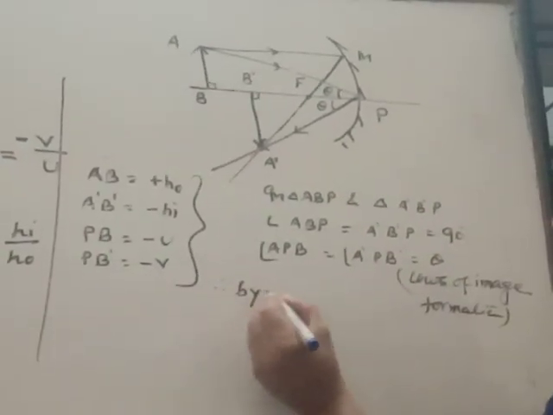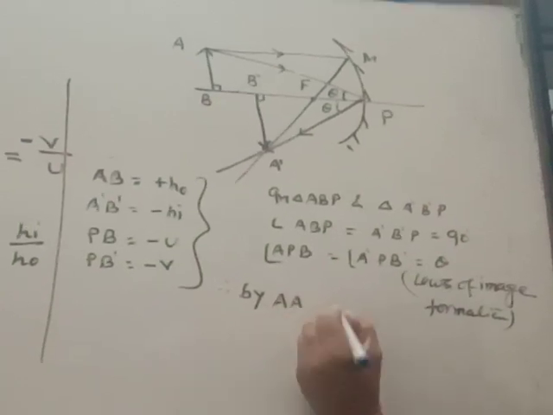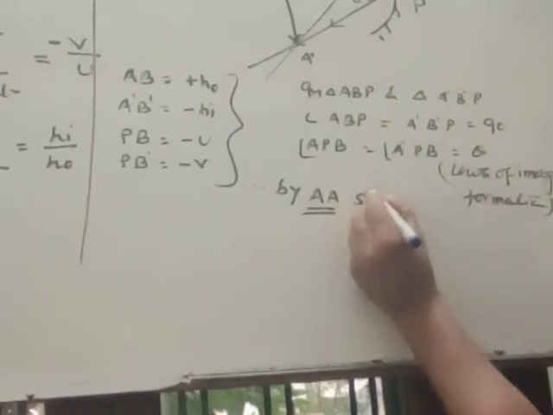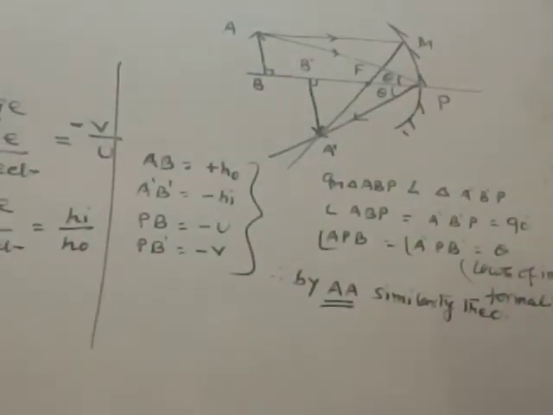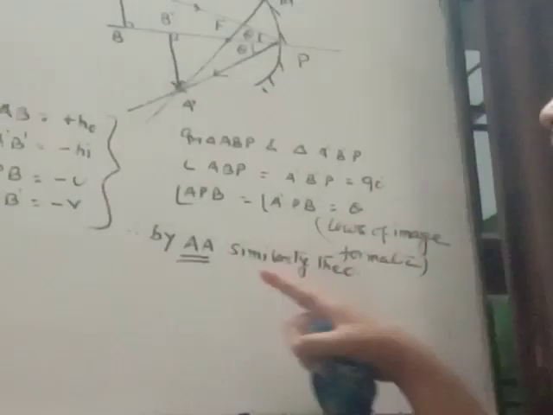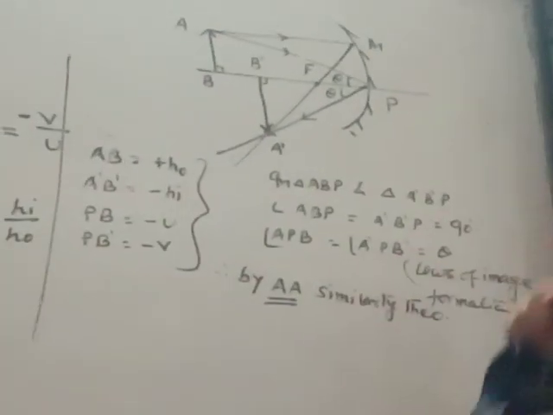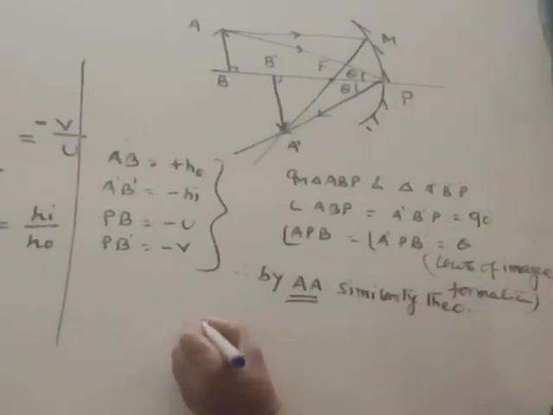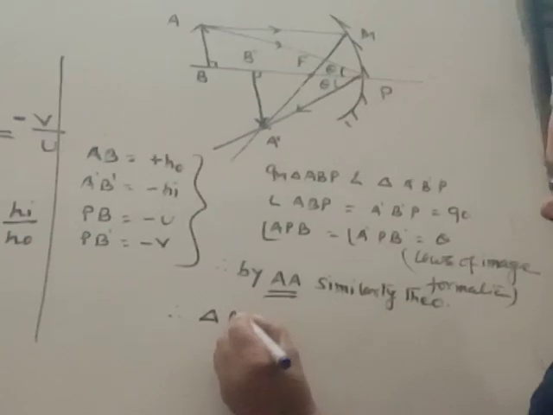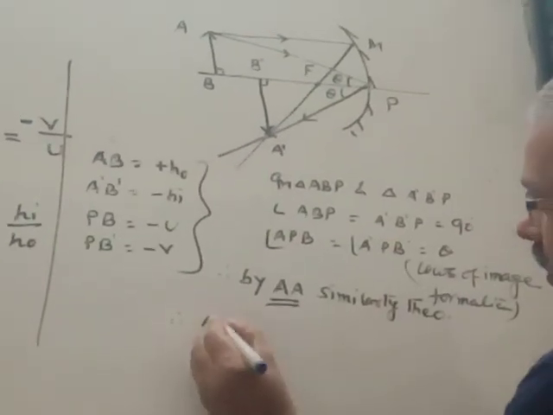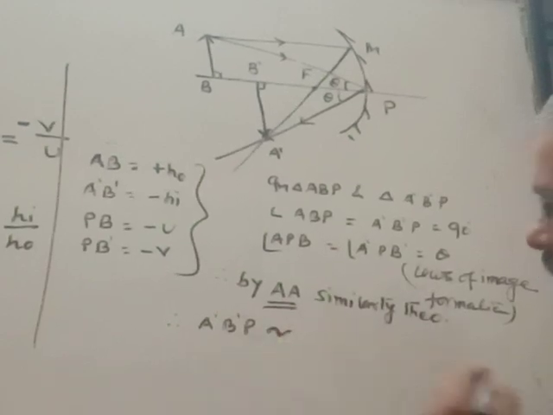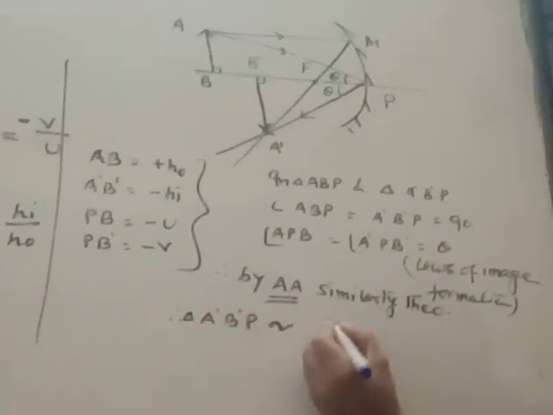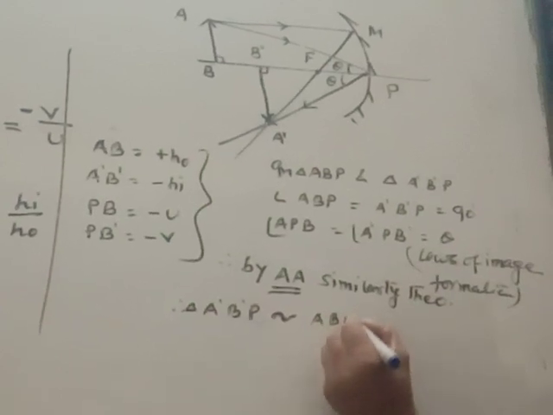So in these two triangles, two angles are the same. Therefore, by the angle similarity theorem, which means if in any two triangles two corresponding angles are the same, then the given triangles are similar. Therefore, triangle A dash B dash P is similar to triangle ABP.